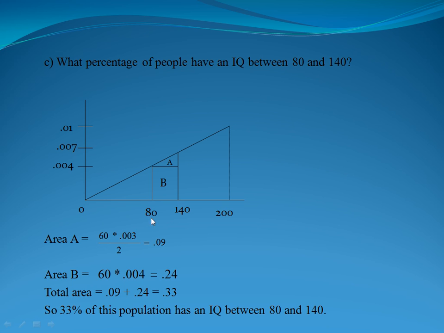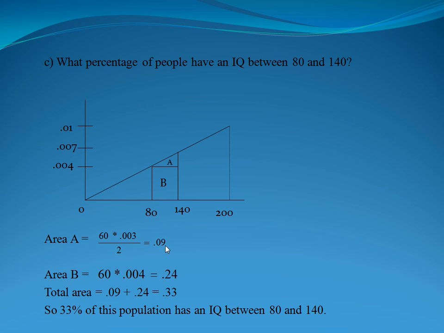The base here is from 80 to 140, that's 60 units long. The height is going to be from 0.004 to 0.007, which is a height of 0.003, the difference between the two. So base times height times 1/2 will give us 0.09 for area A.